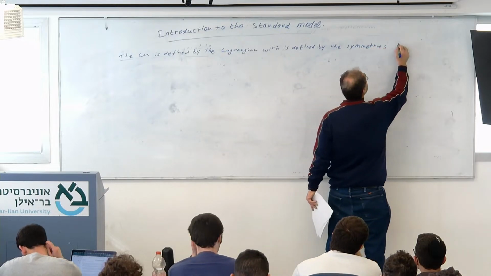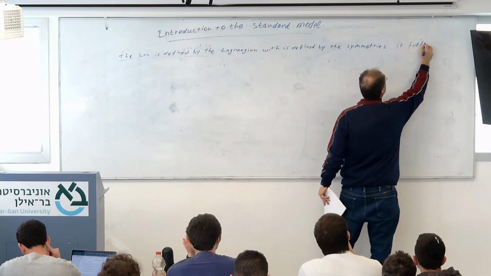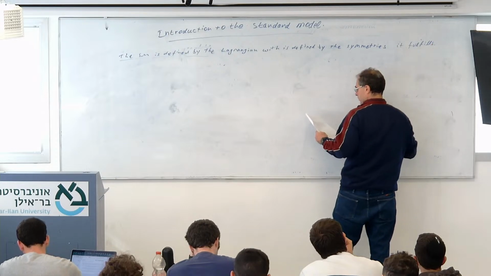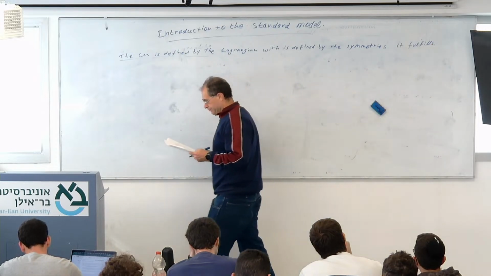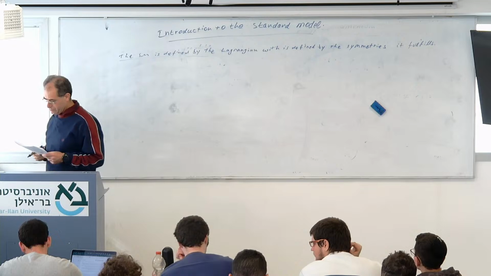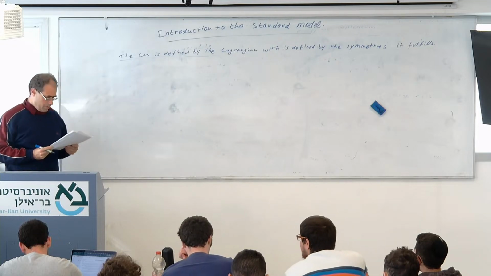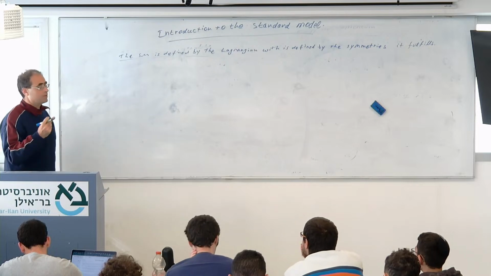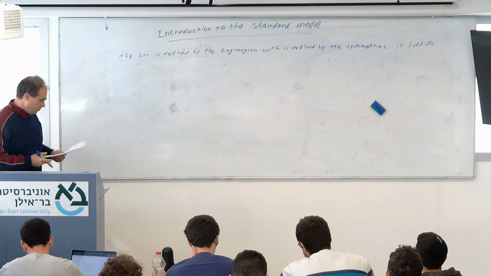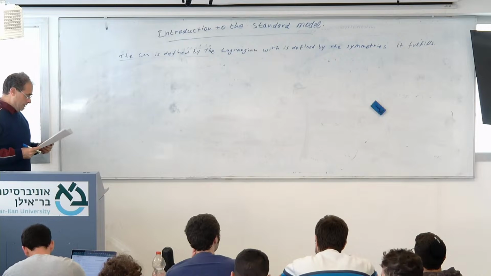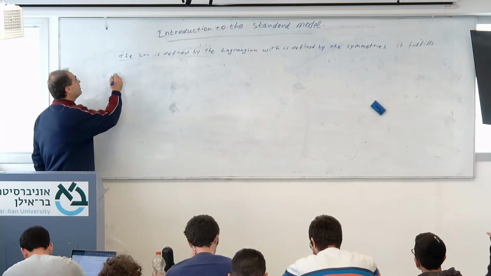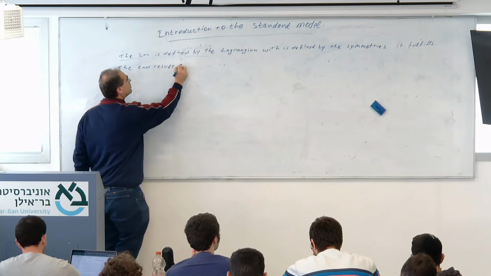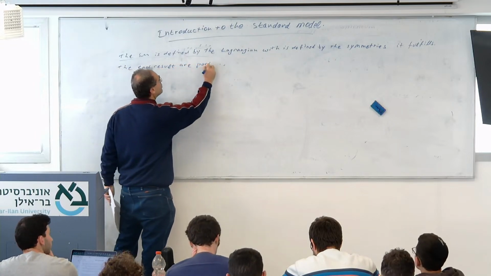Within the standard model, the outcome of all these symmetries in the Lagrangian would be particles. So the end result are particles.